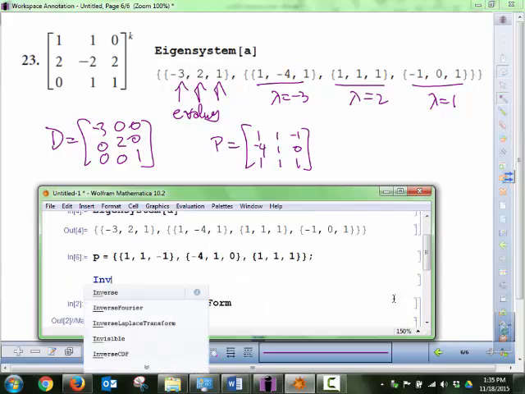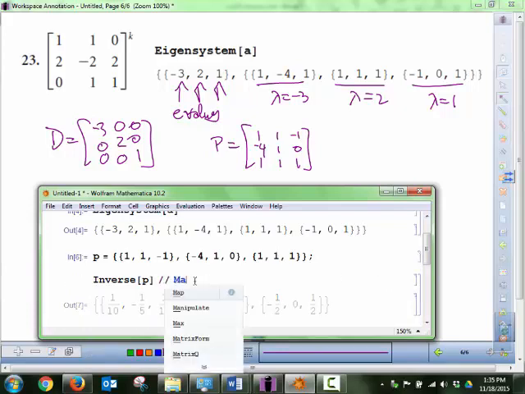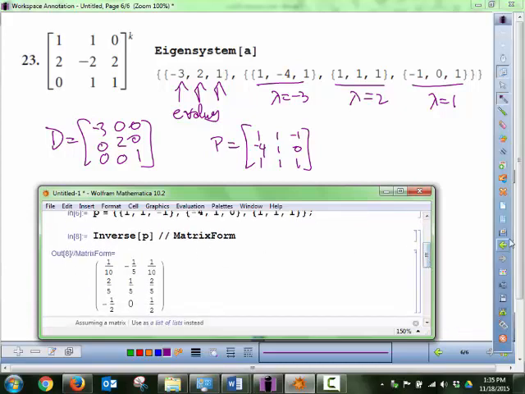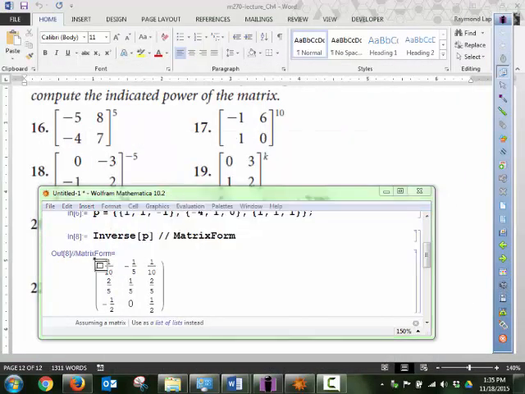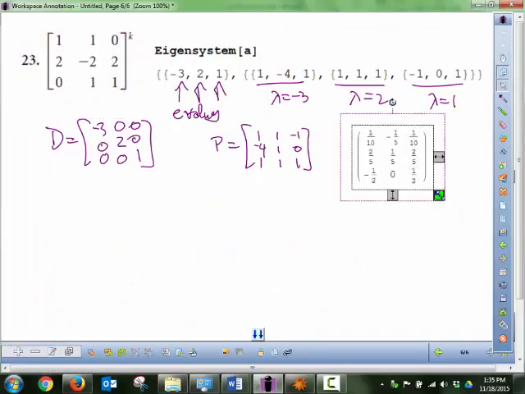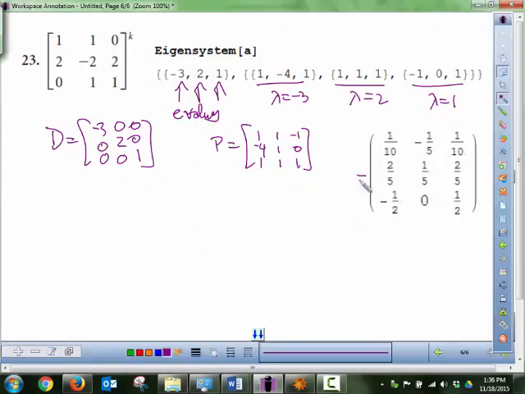And then I'll find the inverse of that. So we have a denominator of 1/10 for them. It's a little sloppy, but this is the inverse matrix.